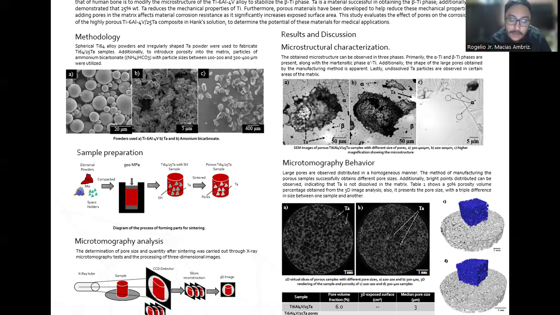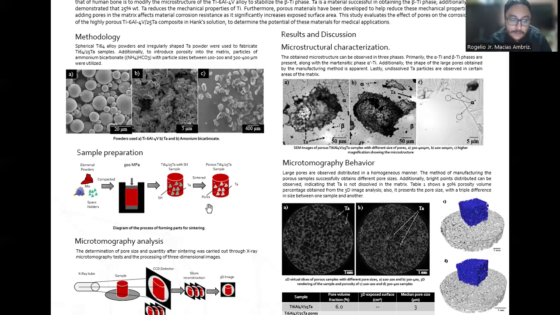In addition, the base of the matrix is a mixture of titanium-6-4 and 25% tantalum particles. This ratio is proposed because it has been shown to have the best mechanical properties and favors obtaining the beta phase of titanium.